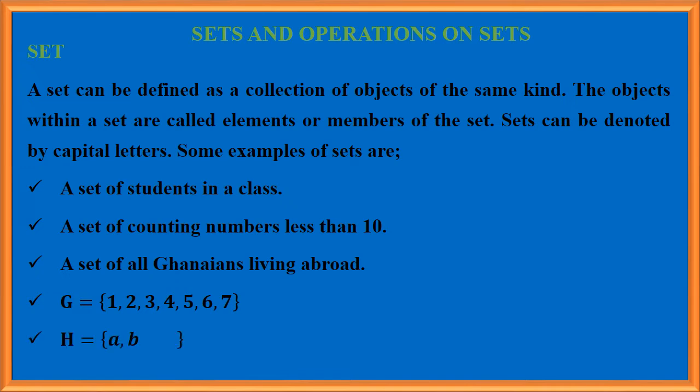Then we can have another set H, with elements A, B, C, and D. So when you look at sets G and H, you see that we have capital letters there. So that is why we said sets are represented by capital letters. These are just some examples of sets. You can mention a lot of examples, but these are just a few.